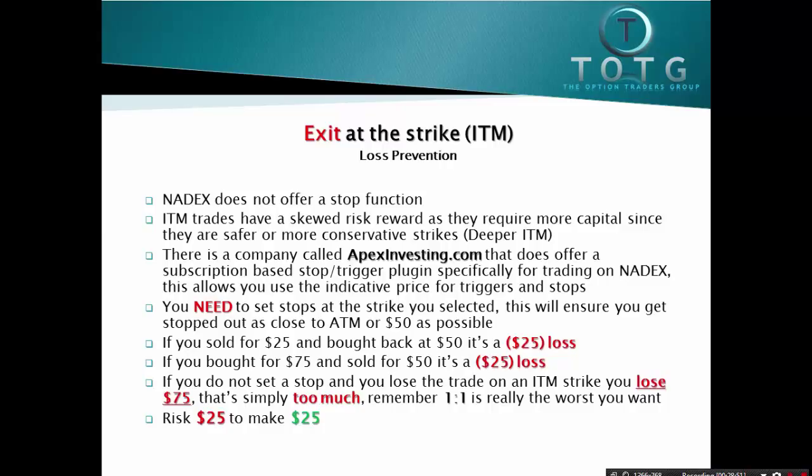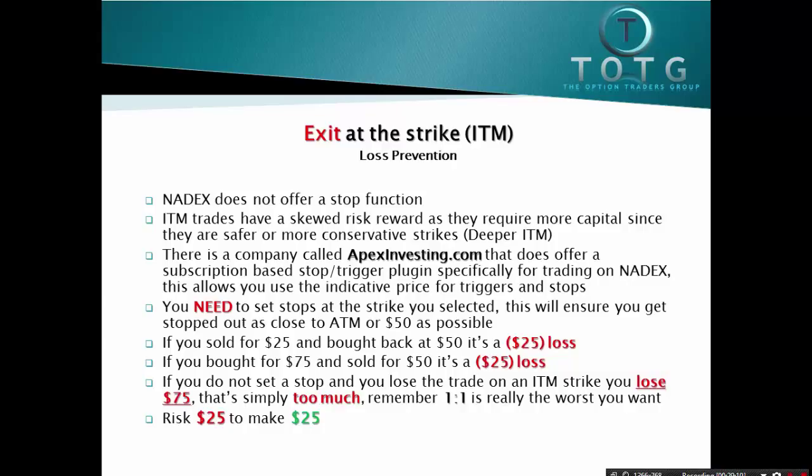Okay, you need to set stops at the strike that you select. This will ensure you get stopped out as close to at the money or 50 as possible. As we talked about, when price is trading right at your strike, what would be the price of that option? It would be close to $50, right?